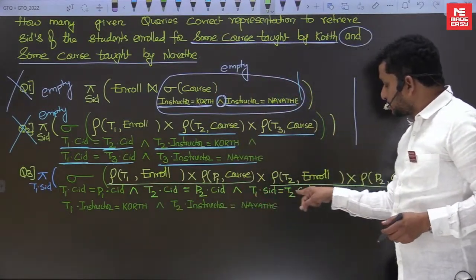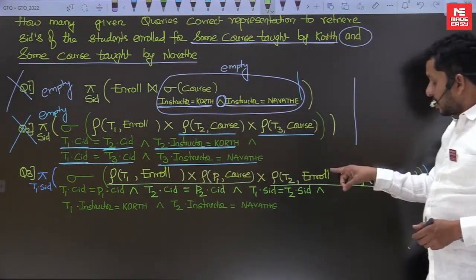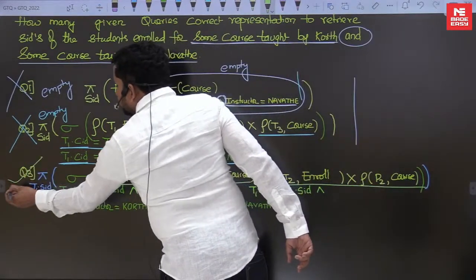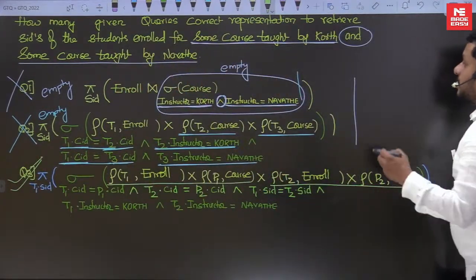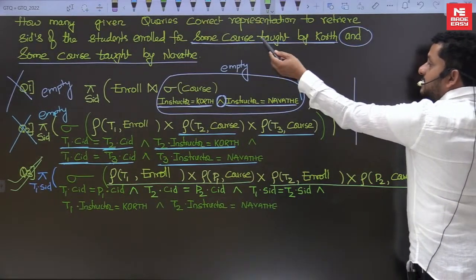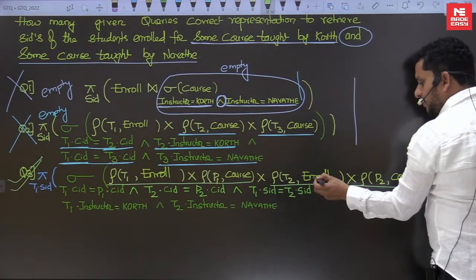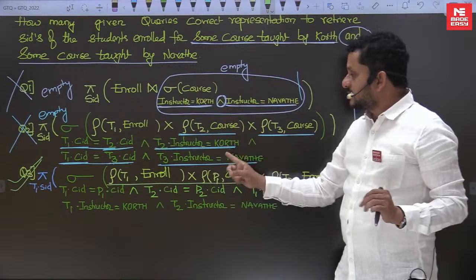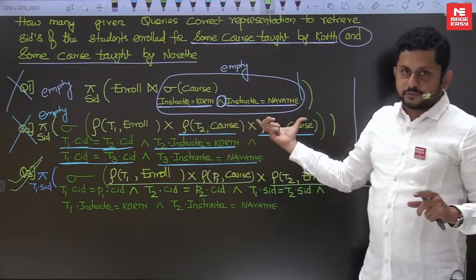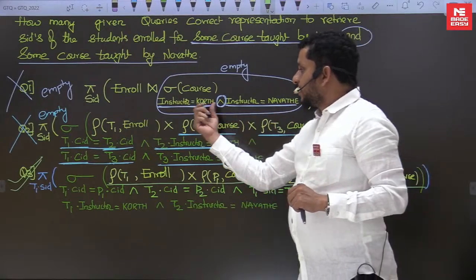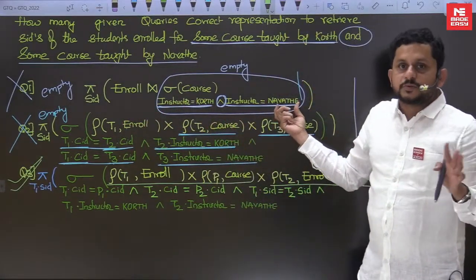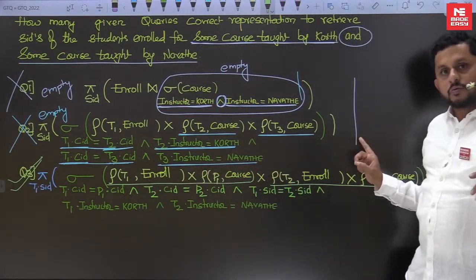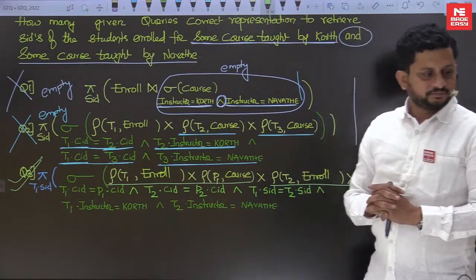Then the student who enrolled for the Koth course should be equal to the student who enrolled for the Navate course. Only the third query gives the correct result. One instance of enroll and one of course fails, one enroll with two course tables is not possible, and two enroll with one course is also not possible. It requires two enroll instances and two course instances, whatever logic we apply.